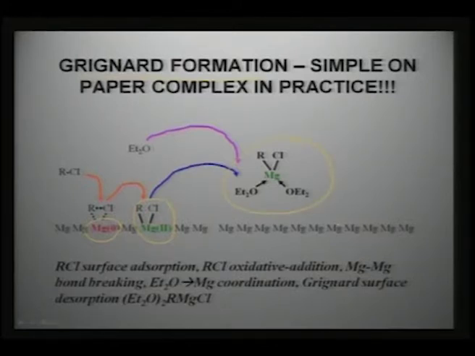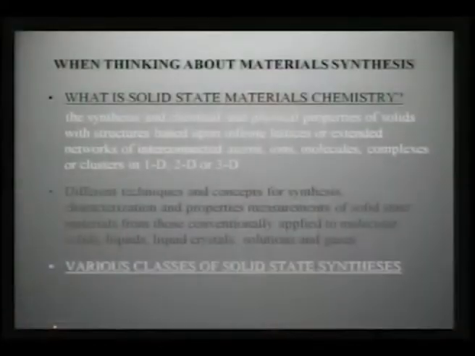So many things happen: one is the RCl surface adsorption, then oxidative addition, then magnesium bond breaking occurs, and after that the ether gets coordinated to magnesium, and then the Grignard reagent desorbs from the magnesium metal. So many things happen, but it looks as though it is a very easy process, while the solid state chemistry involved is really peculiar.